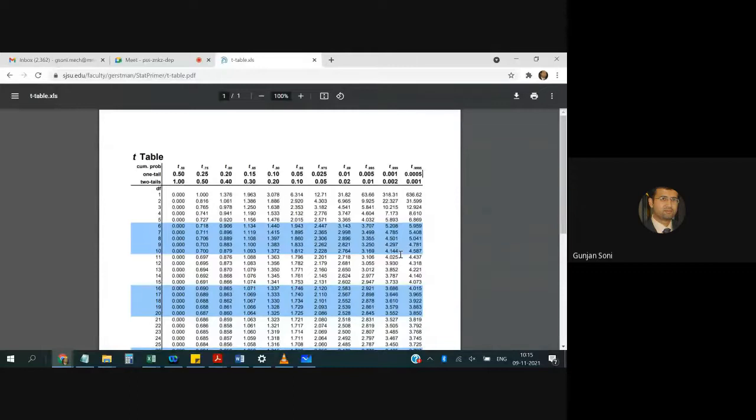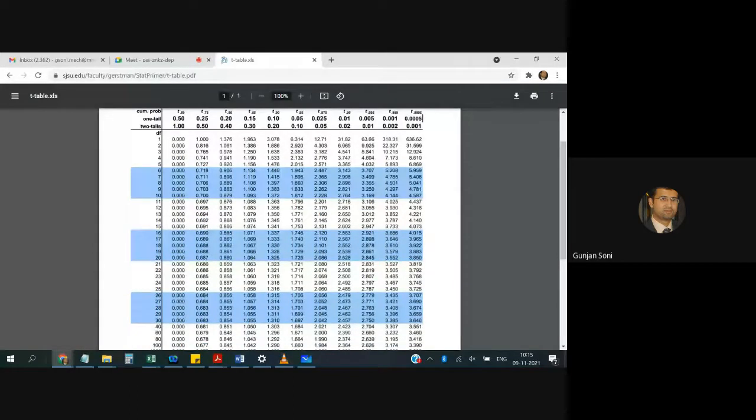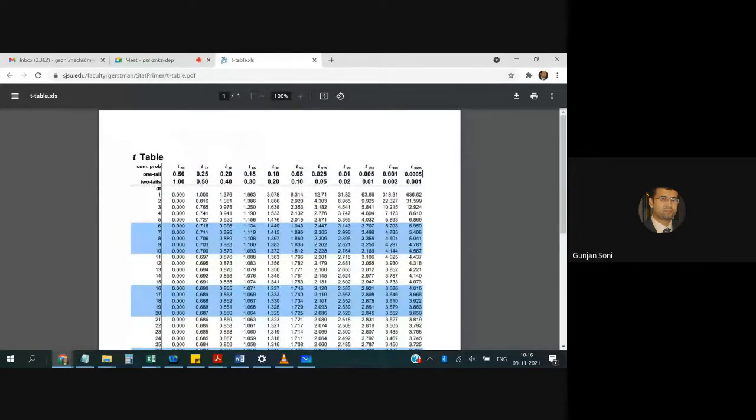So you see here, we have 12 observations, so that means n minus 1 degrees of freedom. So we have 11 over here. Getting it? So we are most interested in this particular line, this 11 over here.